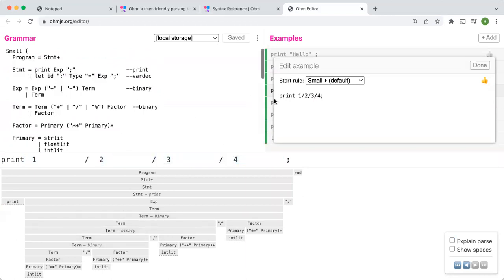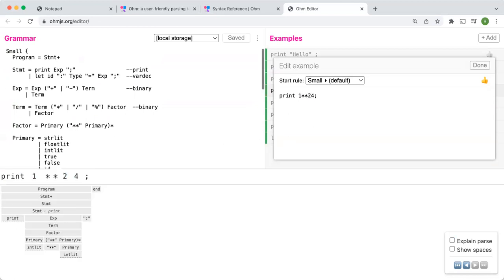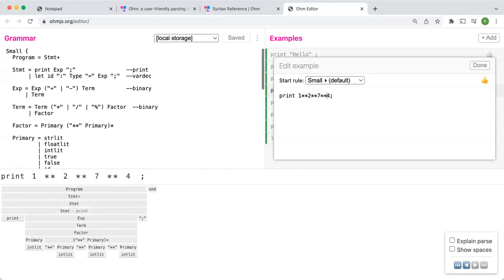That looks good. For exponentiation, on the other hand, things are going to have to look a little bit different. I don't want exponentiation to be left associative. I want it to be right associative. And to make it right associative, we want our rule recursion to take place on the right-hand side.